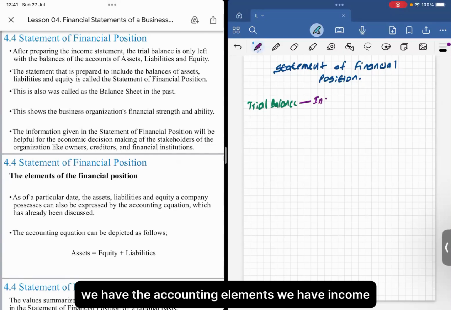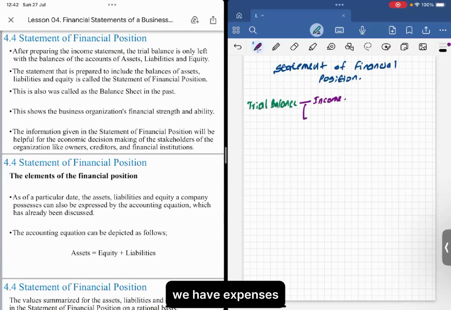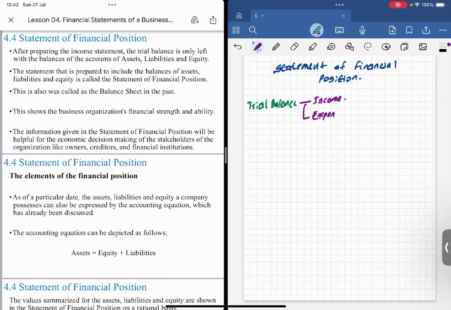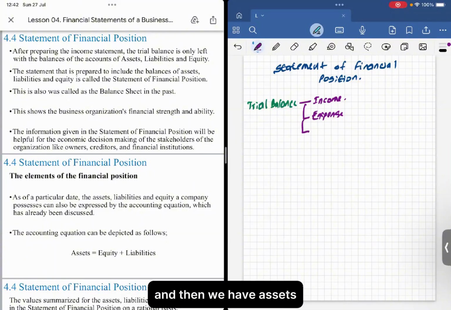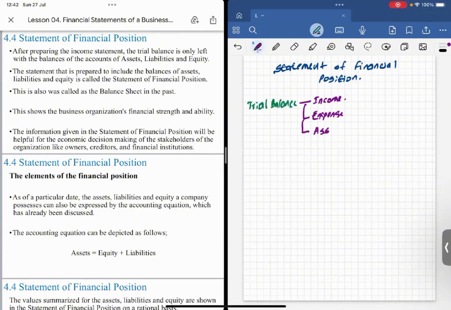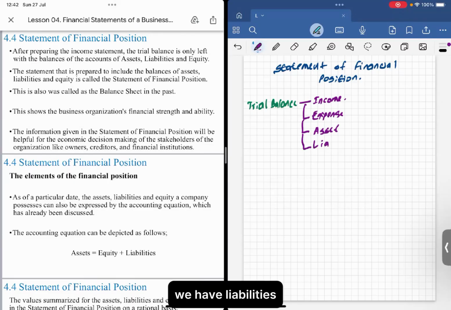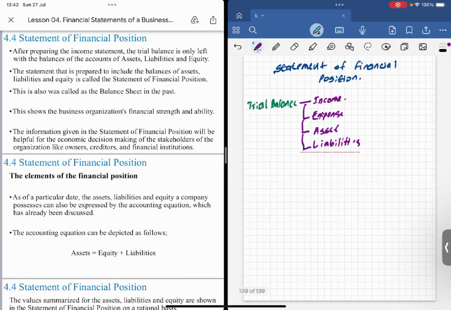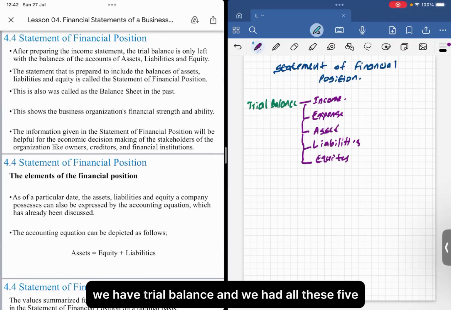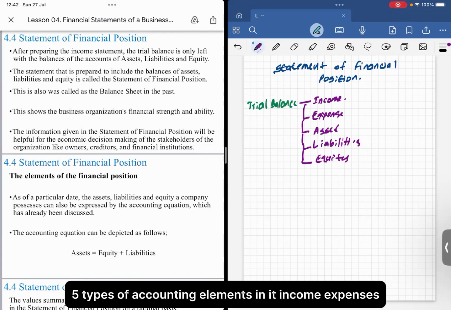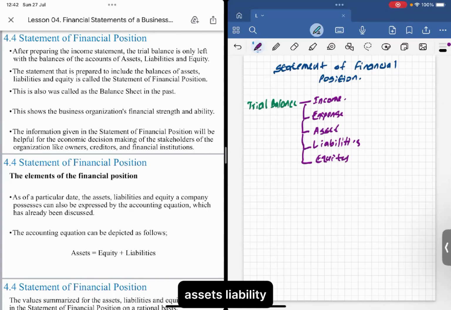We have income, expenses, assets, liabilities, and equity. We had the trial balance and all these five types of accounting elements in it: income, expenses, assets, liability, and equity.